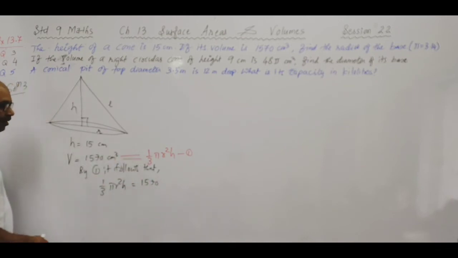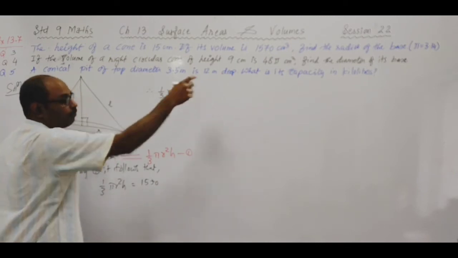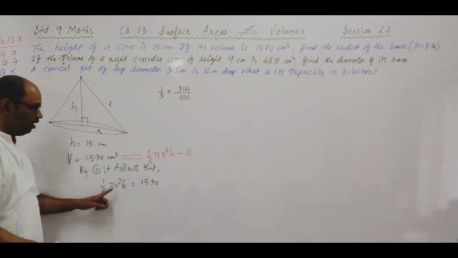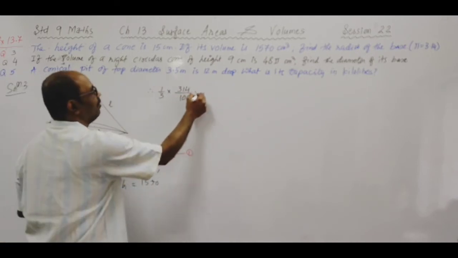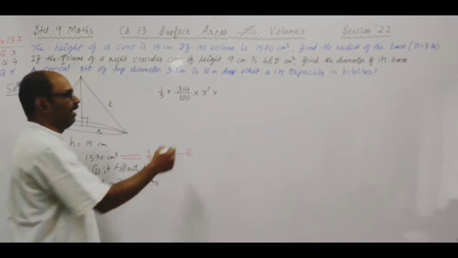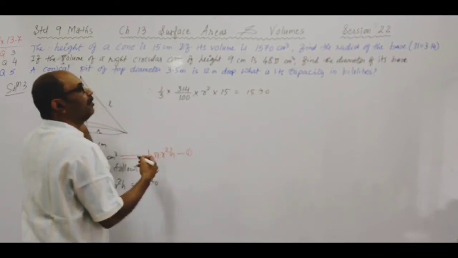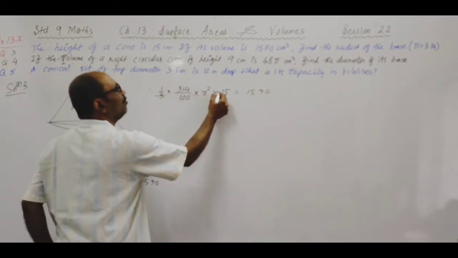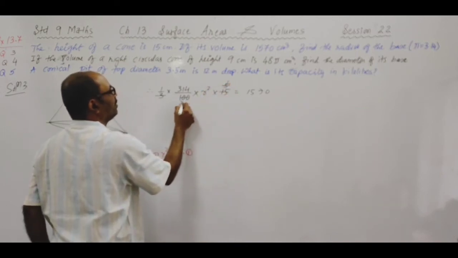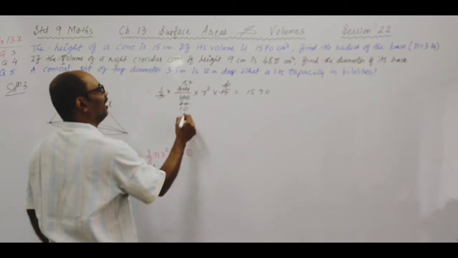Therefore, 1/3 pi, we are supposed to take 3.14. So 3.14 upon 3 into r square, वो नहीं मिलेगा, ढूंढना है. h, that is 15, and that is equal to 1570. ये कैंसिल हो रहा है, तो कर दो लेफ्ट हैंड साइड पे 3 1s are 3, 5s are 5, 1s are 5, 20s are 2, 10s are 2, 150. मजा आ गया.